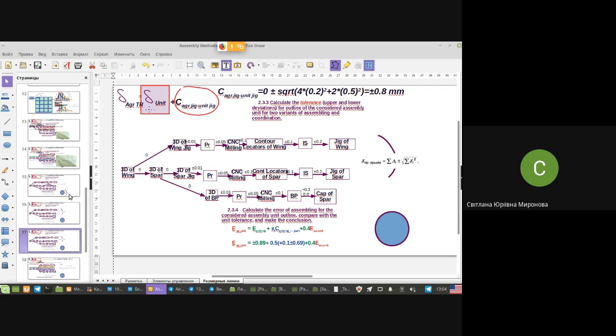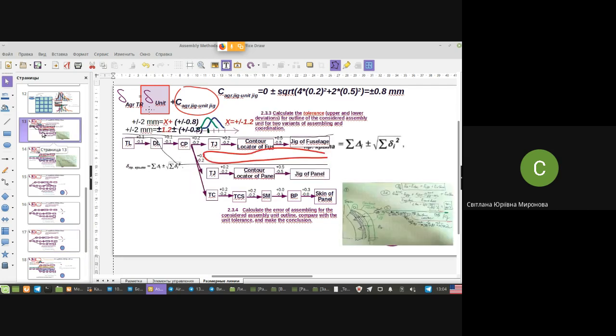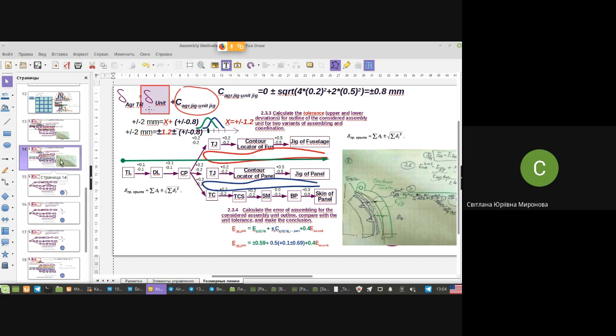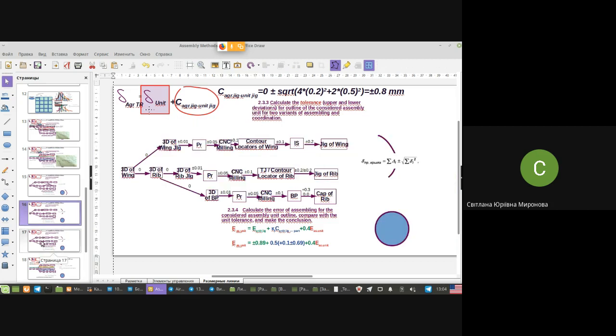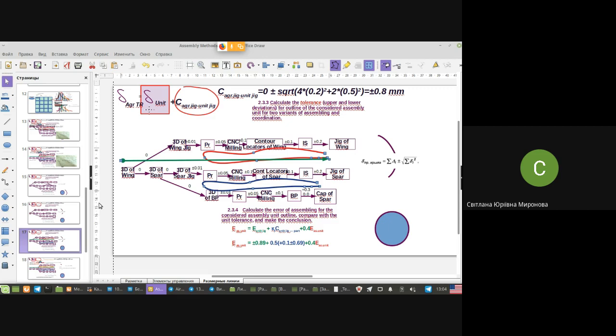You see here that we are going to use another system of chains, but we are going to use the same approach. Brilliantly works. First, we need to calculate the tolerance. Above all, chains are different. Chains are composed in the idea that you have.